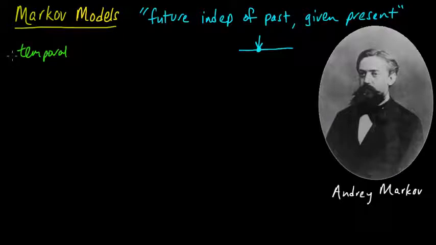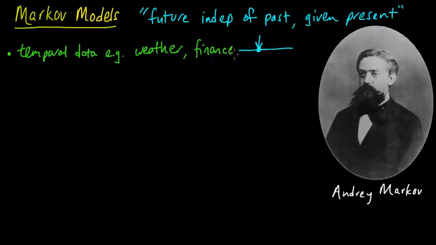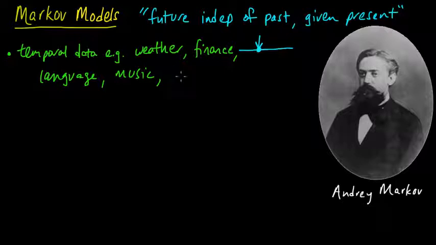So whenever we're using Markov models, we're thinking about temporal data, or some sort of sequence of data. For example, things for which Markov models are used would be weather, or economic data like in finance, language, music, just a whole litany of things.